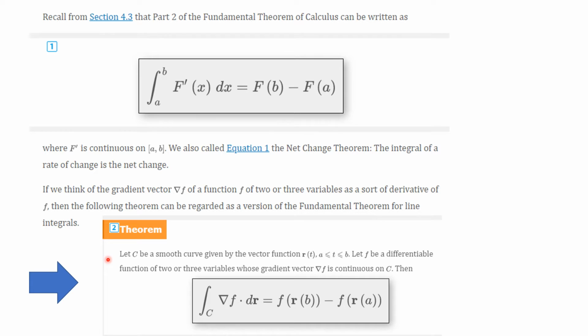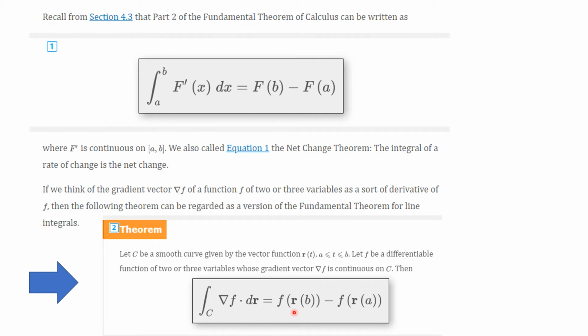Let C be a smooth curve given by the vector function r of t, where t runs from a to b, and let f be a differentiable function of two or three variables whose gradient del f is continuous on C. Now this is what we were talking about as being kind of like the derivative, and this is the dot product of del f with dr, where r runs from a to b along the curve.